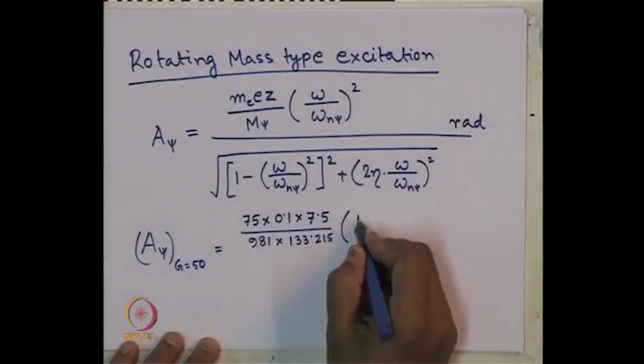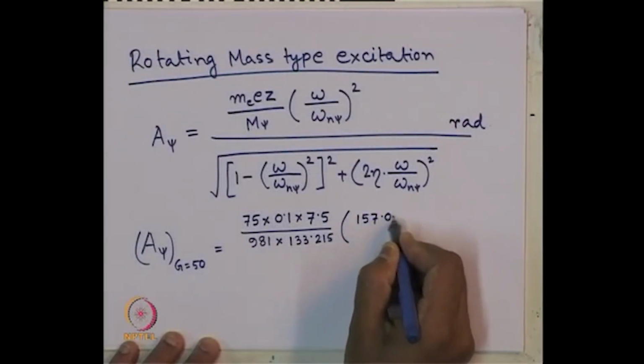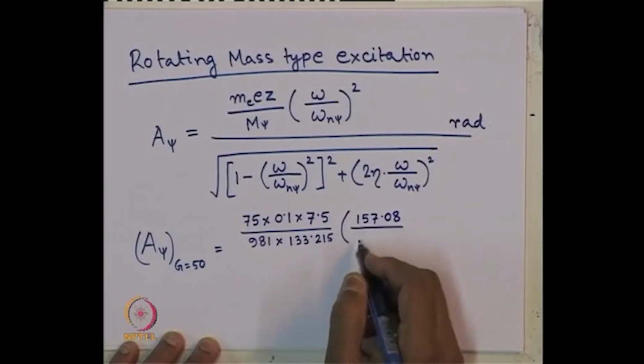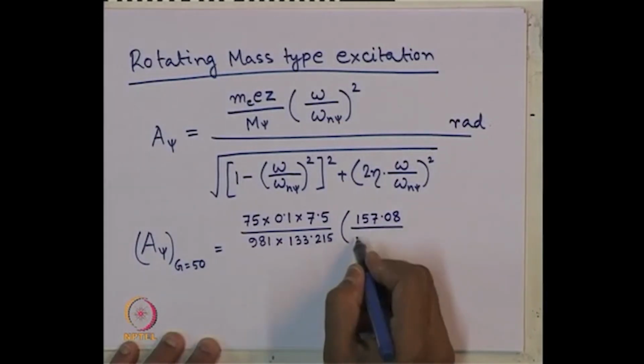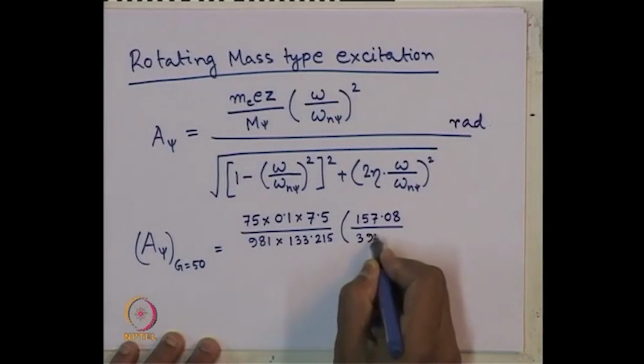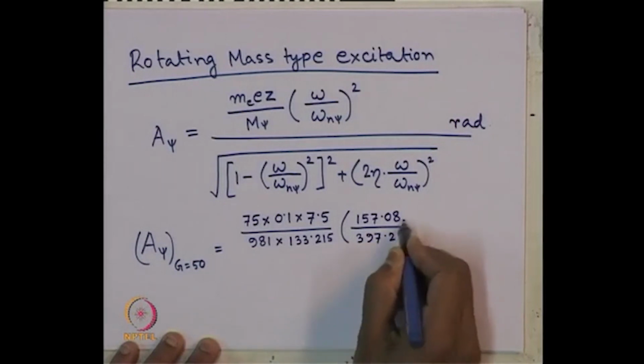Omega is how much? 157.08, the operating frequency, and omega n psi for g equals to 50 we had already calculated as 397.21.